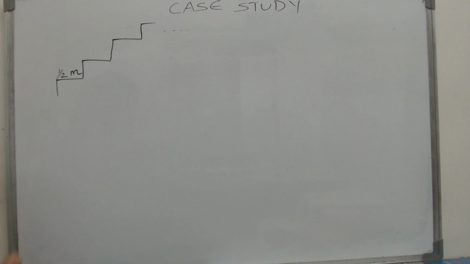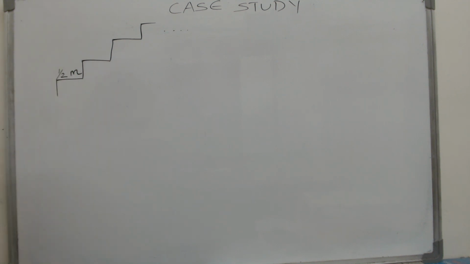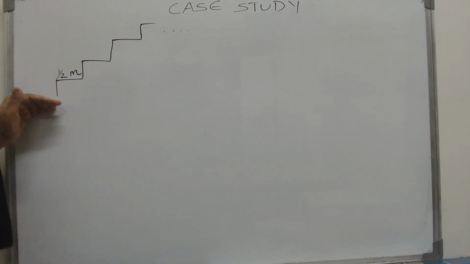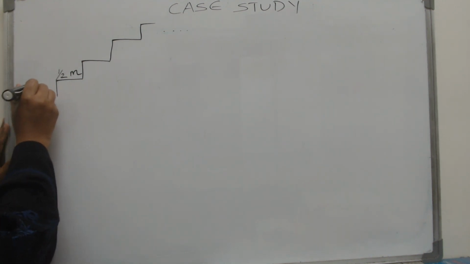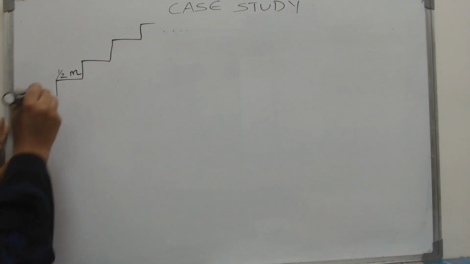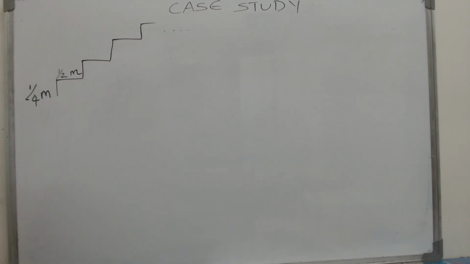Now you are all young and full of life, so it won't matter, but when you come to my age, every time you lift your leg, the knee aches and the bones start creaking. So the correct height, which does not hurt anyone, is 1/4 meters. Each and every step is 1/4 meters.